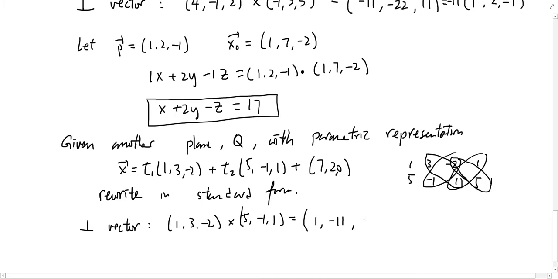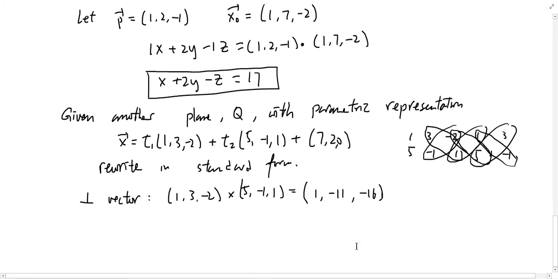Okay. And then I'm going to move the 3 and negative 1, and then I'm going to do the same thing. So that will be negative 1 minus 15, so it's negative 16. There's no common factor here, so I'm going to just leave it the way it is. So therefore, I'm going to let my vector P be equal to (1, negative 11, negative 16). We already have vector x sub 0, which is (7, 2, 0).